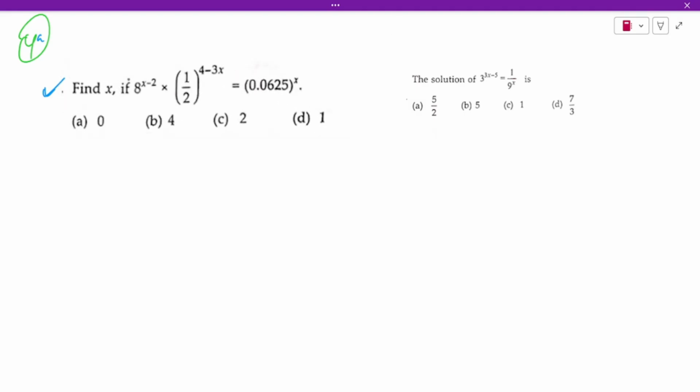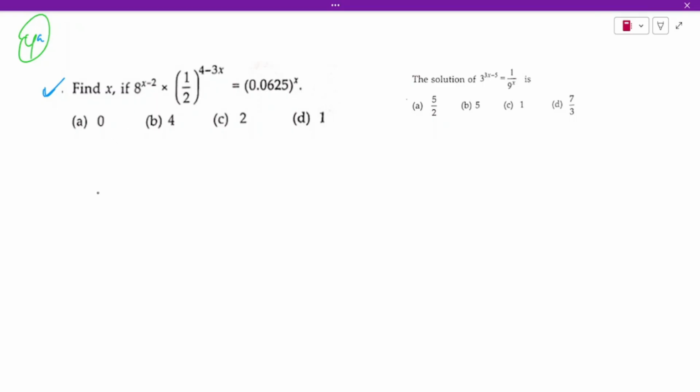So we are given 8 to the power x minus 2 times 1 over 2 to the power 4 minus 3x is equal to 0.0625 to the power x. We need to evaluate the value of x. So first try to simplify the LHS, which is 8 to the power of x minus 2.